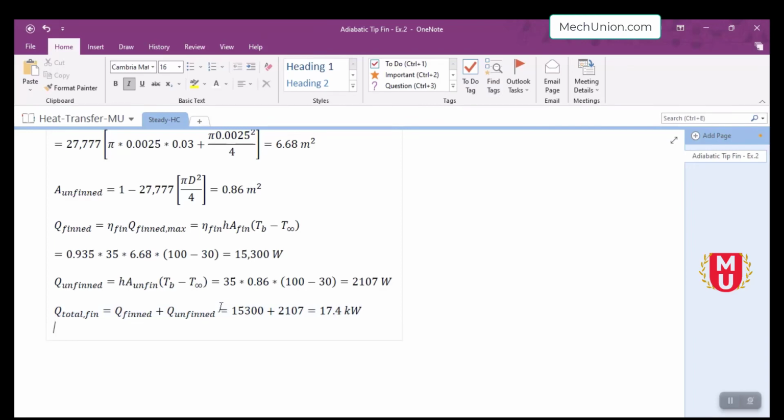The rate of heat transfer if there were no fin attached to the plate would be this: A of no fin.